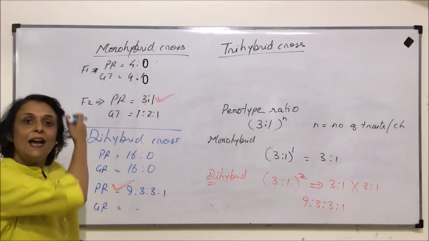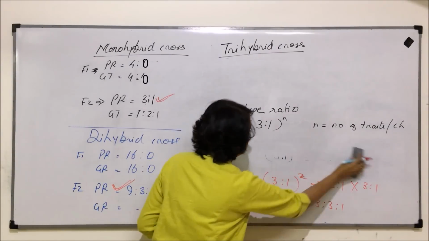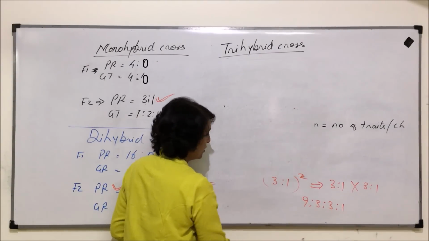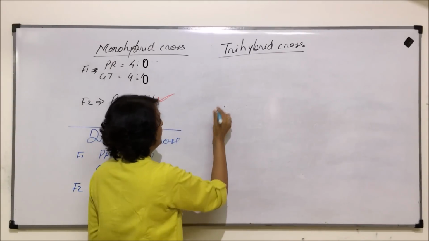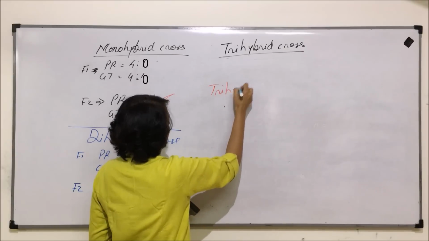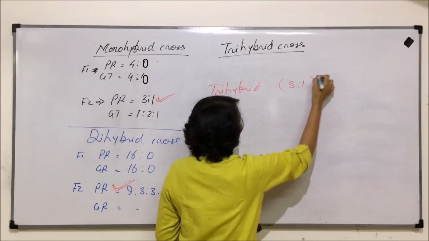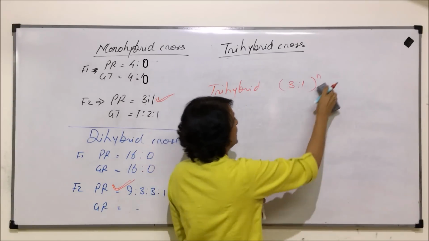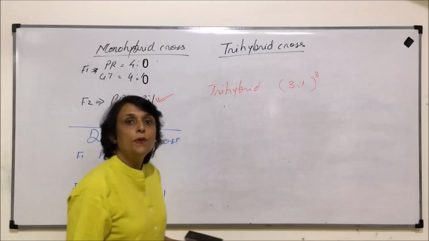Let us talk of the trihybrid phenotype ratio now. In a trihybrid phenotype ratio, we can have a shortcut: same 3:1 raised to n, and because it is a trihybrid cross, this n is going to be 3.